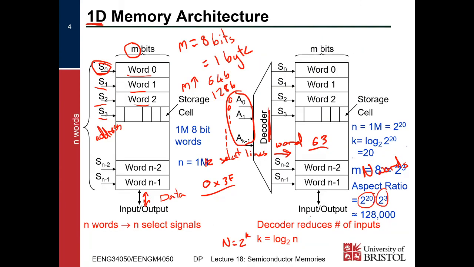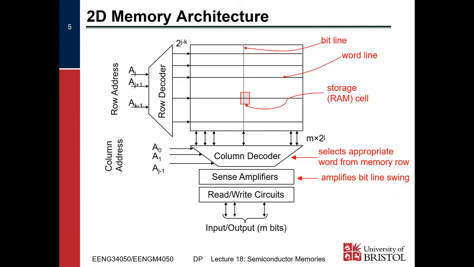That sort of aspect ratio isn't possible for us to create a decoder like that. We can't have a decoder with 128,000 outputs. So once you start getting up to 20-bit addresses, suddenly you start thinking, okay, maybe a 1D memory architecture isn't correct. We need something a bit more advanced. So we create a 2D memory architecture.